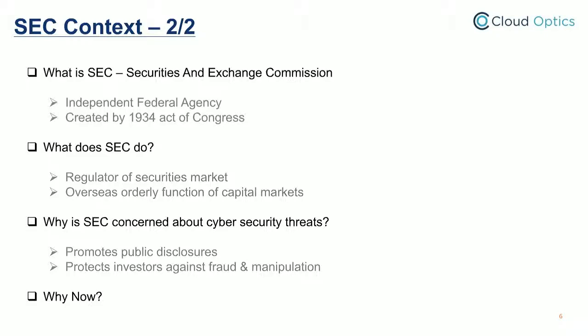This is how they protect investors and keep faith in the fairness and robustness of the market. Because these threats are becoming material in nature, the value at stake, they call it VaR, value at risk, is becoming very high and substantial in relation to the listing of the company's stock in the market. Which is why they are focusing on it now rather than at an earlier point in time.